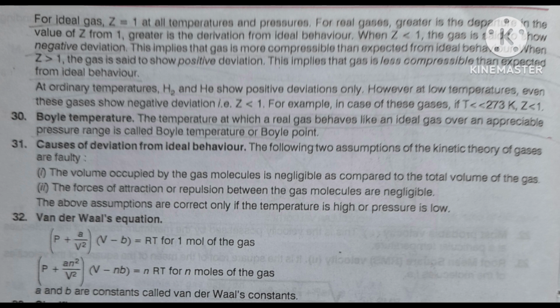Actually, why have you used n square here? In volume only one n is used, nB. But here it is square, A n square. Why? This is because you will use 2 times the density. Molecules are colliding with 2. Correct? Always for collision 2 molecules are required.